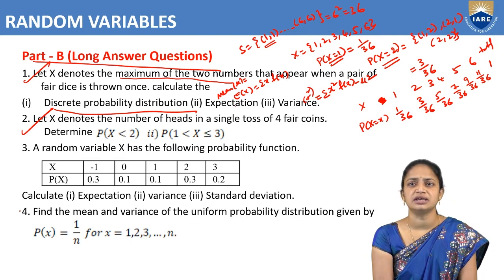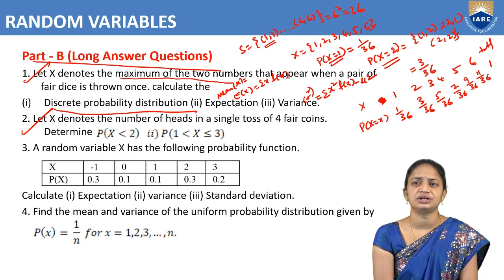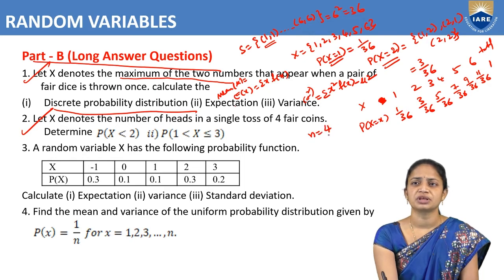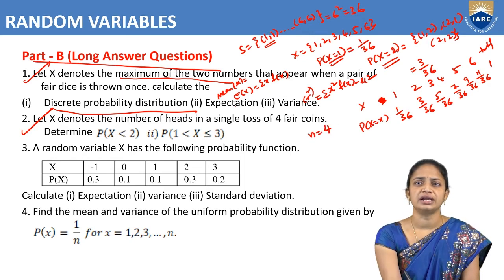Now the next question: x denotes the number of heads in a single toss of 4 coins. Examine P of x less than 2, and the second one is the probability of 1 less than x less than or equal to 3. Here n equals 4, and we count the number of heads. First we calculate the probability distribution table.